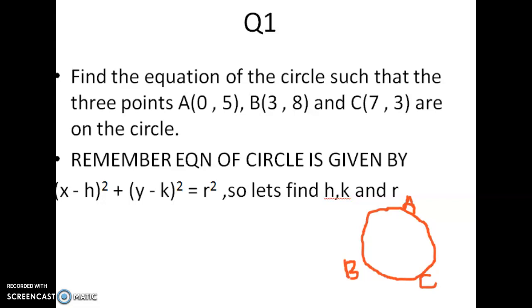Since x and y are already in the equation, the question is: what are h, k, and r? Let us put a center here.